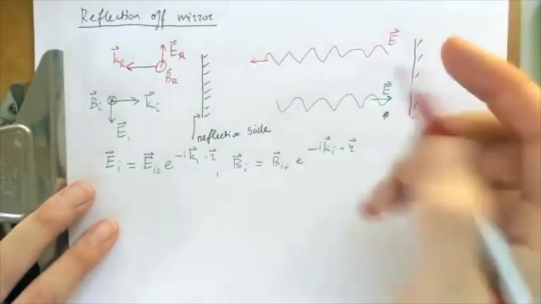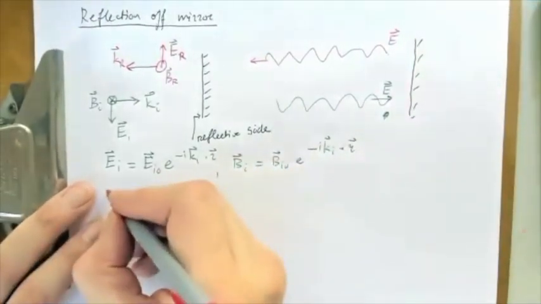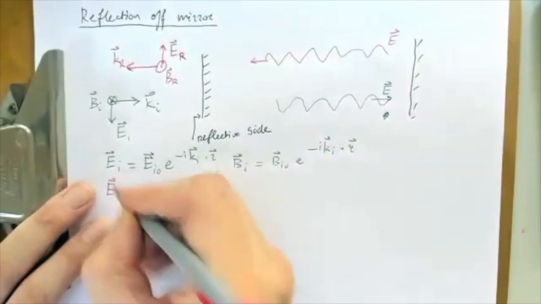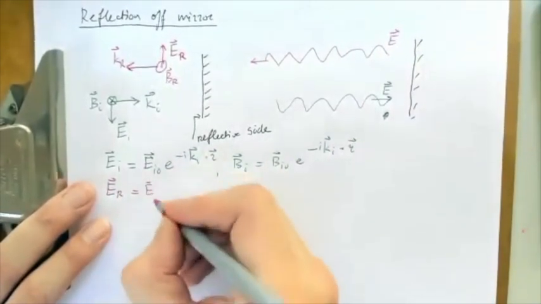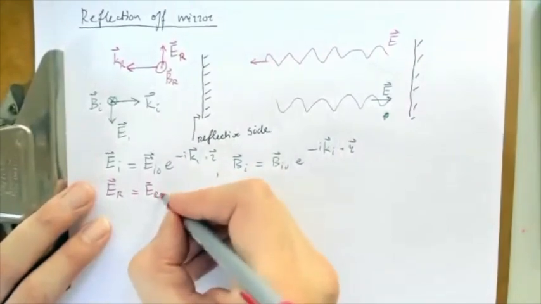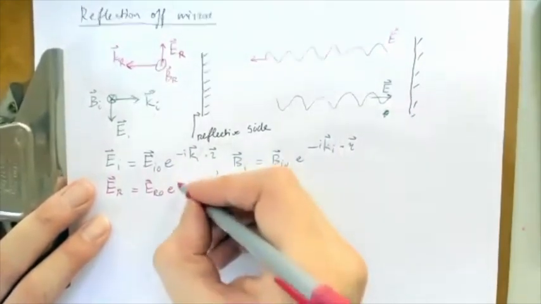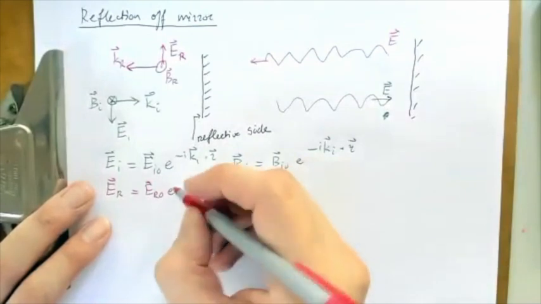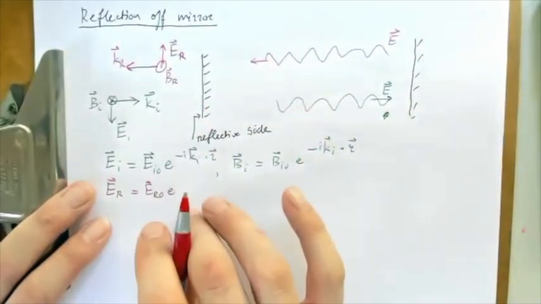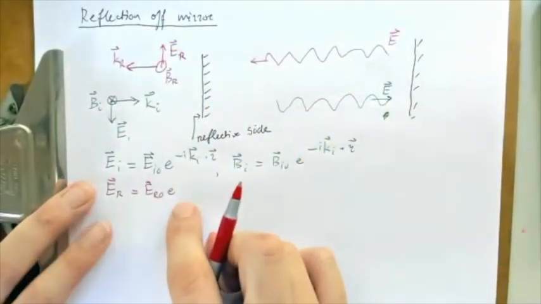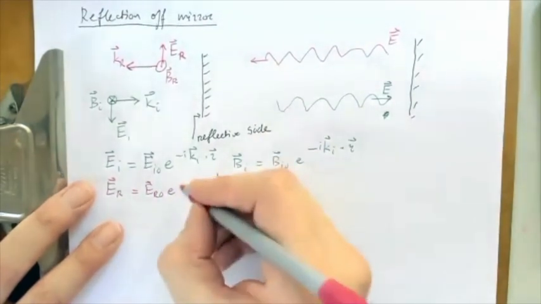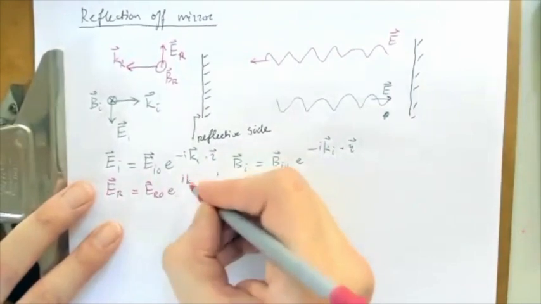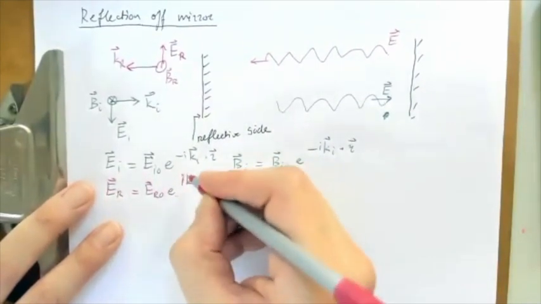Now the reflected field. The reflected field is some E_R0 e to the power. Now I'm not going to assume anything about this prefactor, but I'm going to assume that it's going to go in the opposite direction. But you'll see how that works.